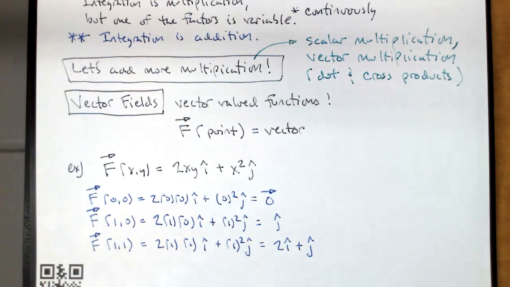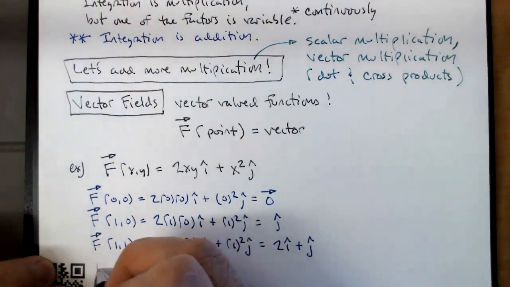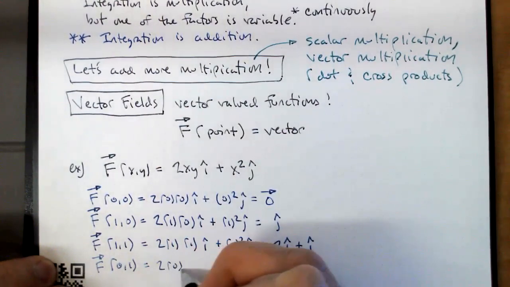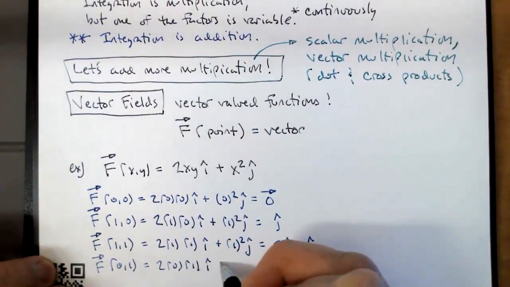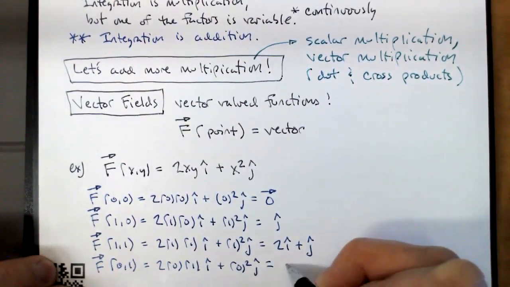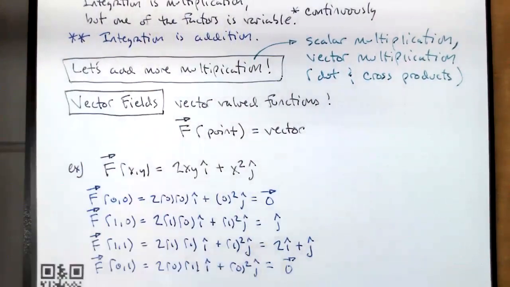We'll look at the point 0, 1. I also get the 0 vector. So at each point, we are going to be plotting a vector.